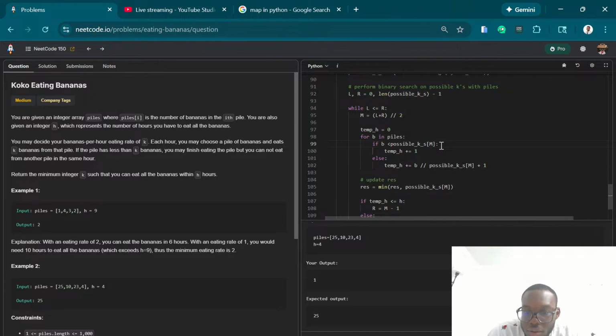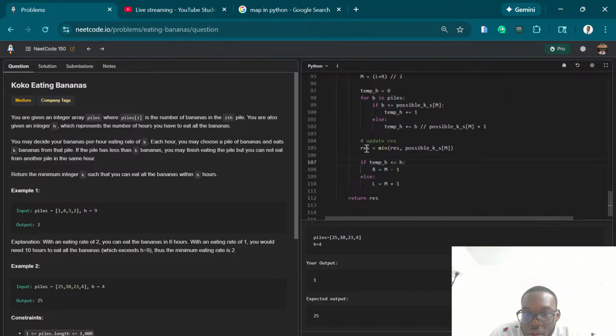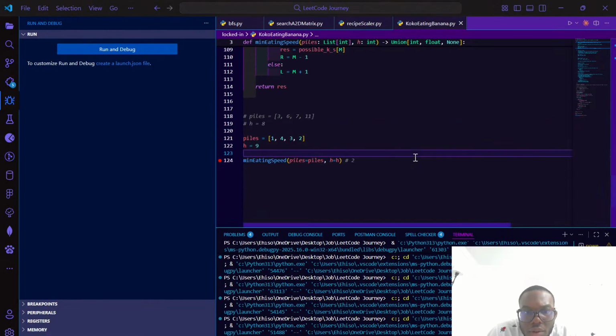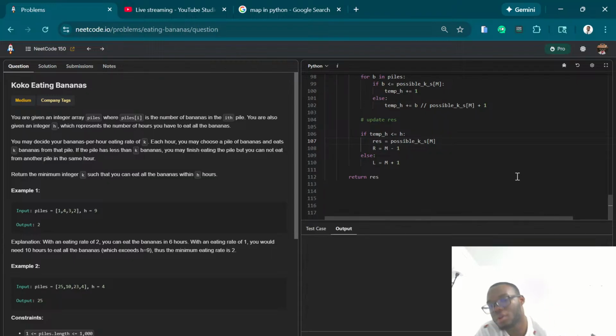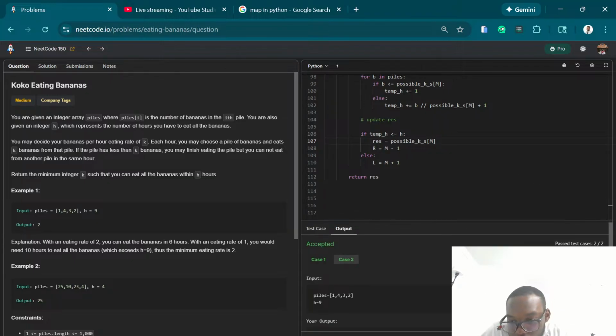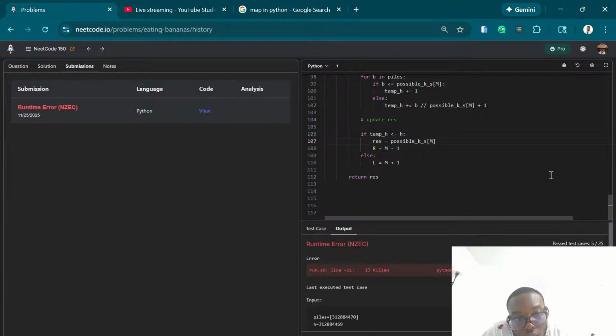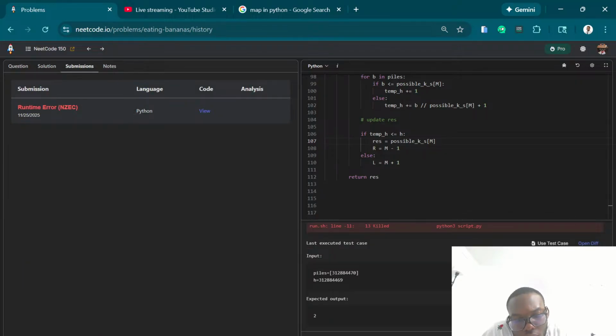This, this, and then scrap this. All right, so this is plus. Good error.